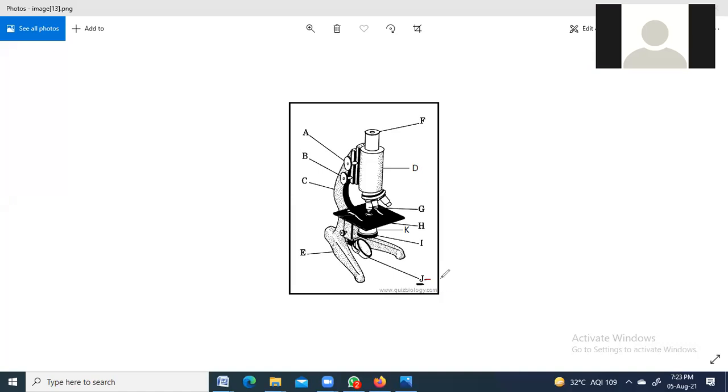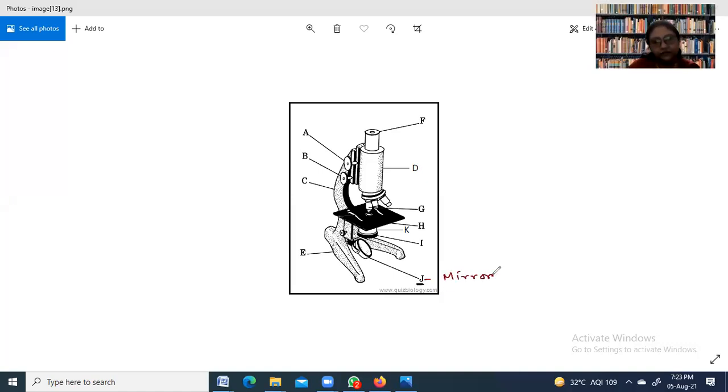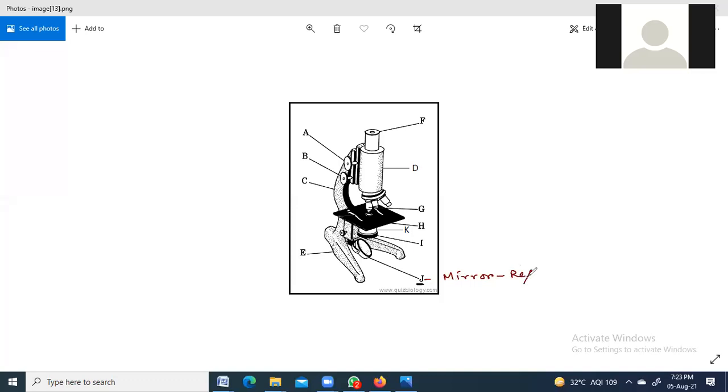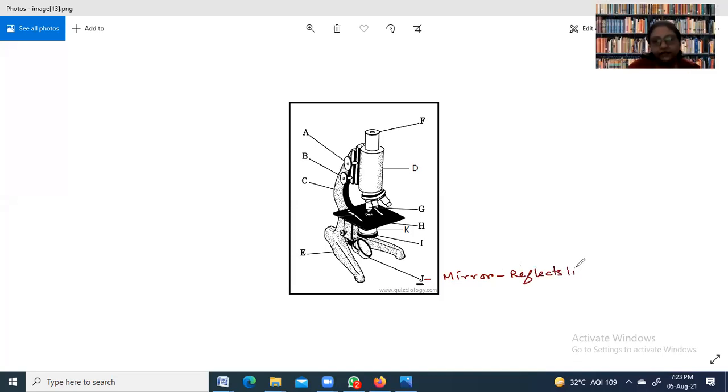Ma'am, mirror. Yes. What is the role of the mirror? Ma'am, it reflects light, which helps to make the organism more clearly visible. Reflects light for seeing the specimen.